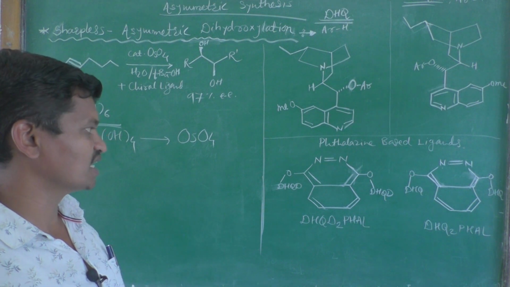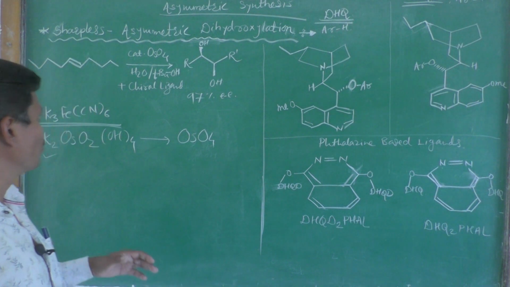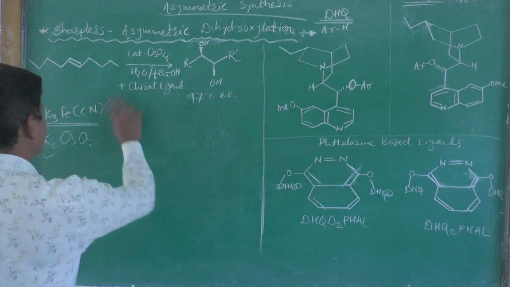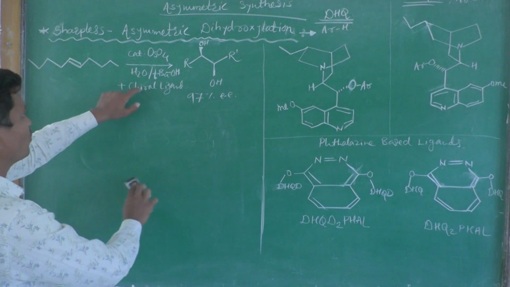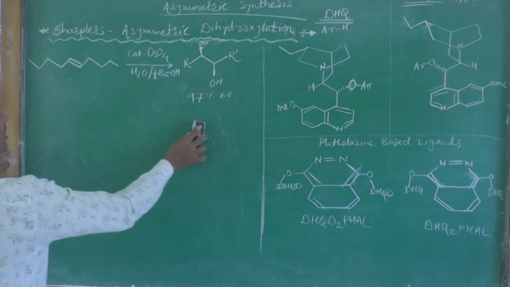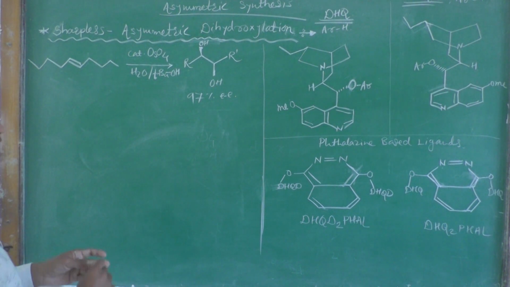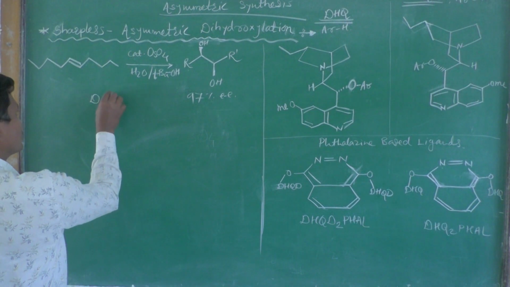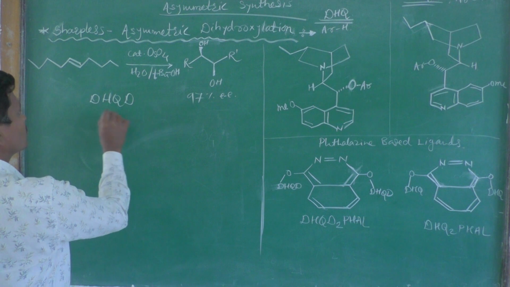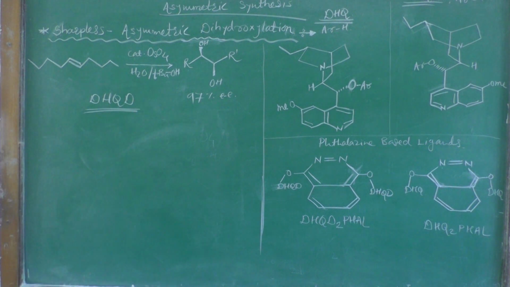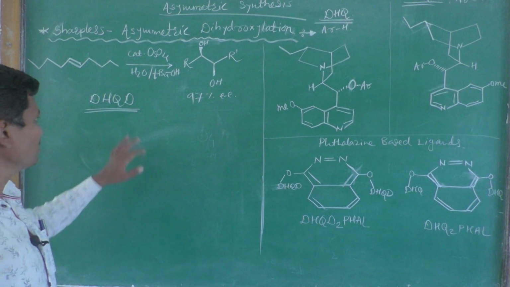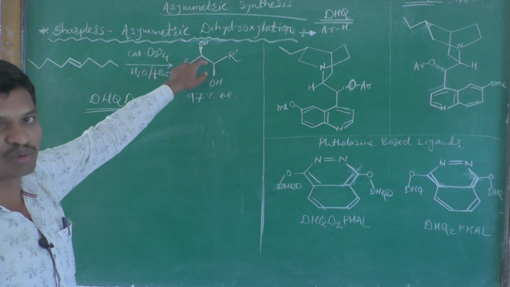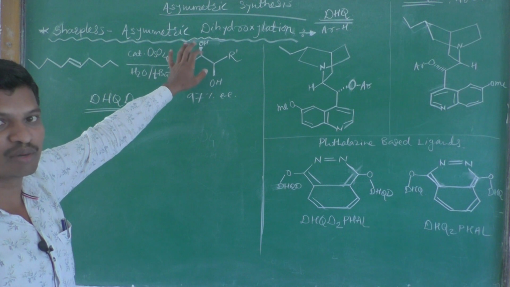Okay, so these are the alkaloids derived from the natural source and they are used as chiral ligands for the dihydroxylation reaction. Now what happens when we are using DHQD as a chiral ligand with the phthalazine? Then we are getting mostly the beta hydroxy groups on the adjacent carbons of the carbon-carbon double bond.